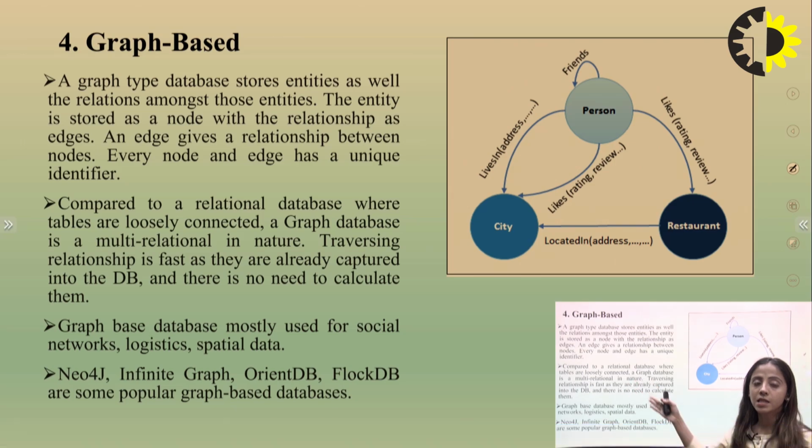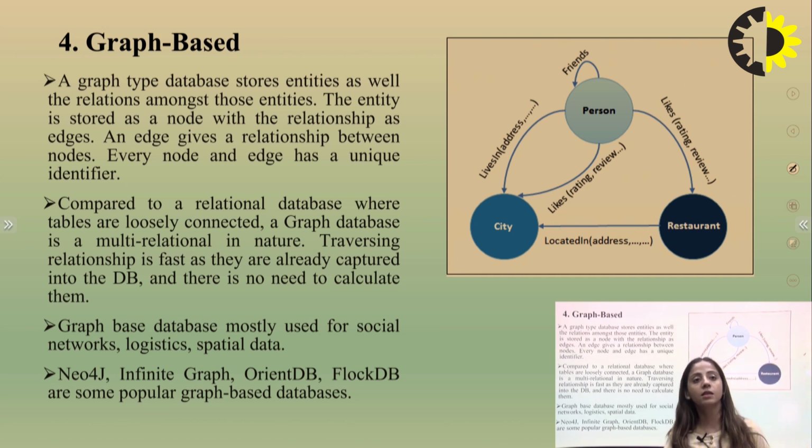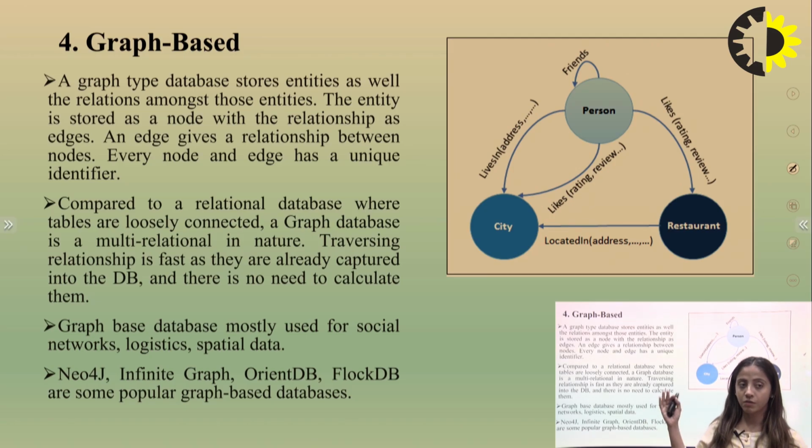This edge, which is going from person to the city, is also a relationship between person and his city. Now, a person likes or dislikes, rates or reviews the restaurant in that city. The edge going from person to restaurant is a relationship between the person and that restaurant.